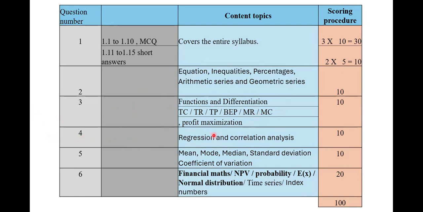Then the fourth question tests regression and correlation. In most recent past papers, they tested regression only. Correlation is tested in the MCQ paper.